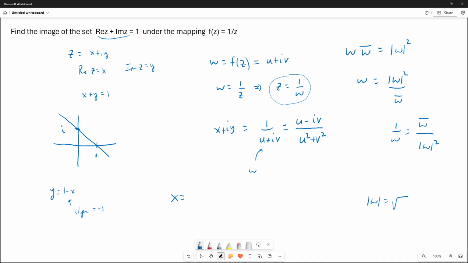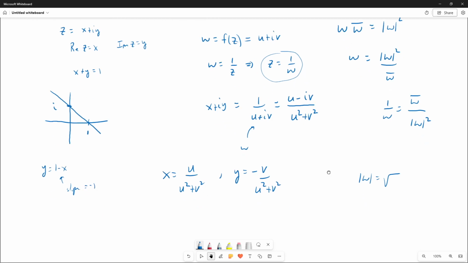So x, the real part, is equal to the real part on the right side. That's u over u squared plus v squared. And y, the imaginary part, is equal to the imaginary part on the right side, which is negative v over u squared plus v squared. Now our line has x plus y equal to 1.